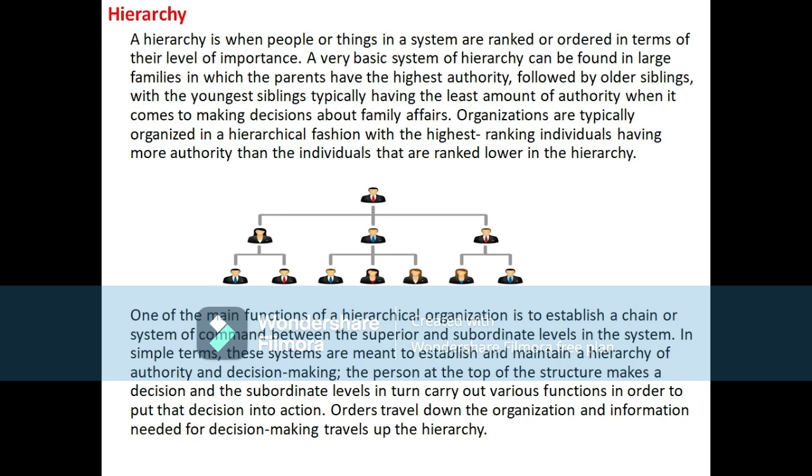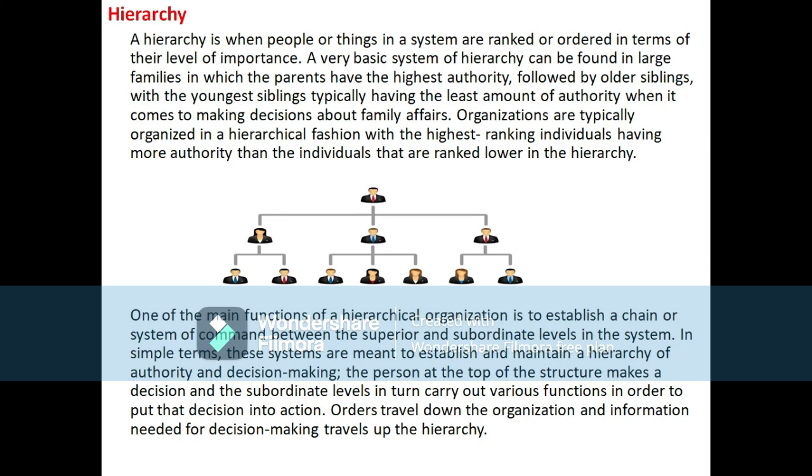Organizations are typically organized in a hierarchical fashion, with the highest ranking individuals having more authority than the individuals ranked lower in the hierarchy. Obviously, higher rank people have more authority than the lower level people. In this figure we see one person on top, three people in the second level, and some more in the third level.